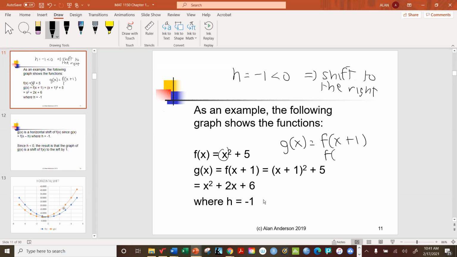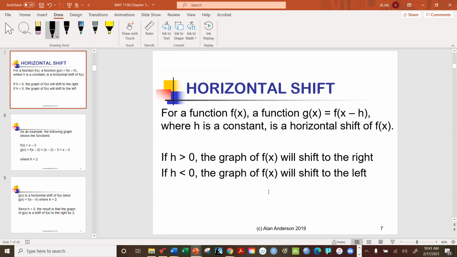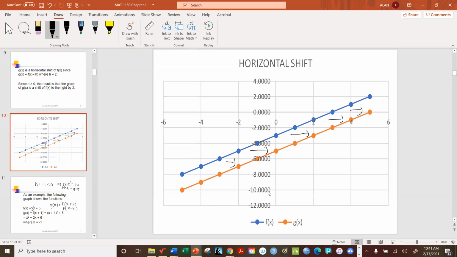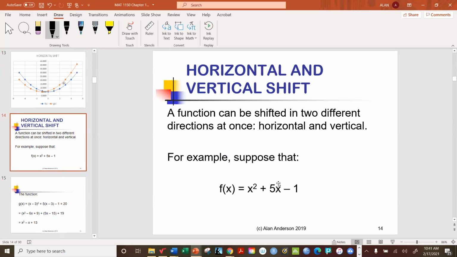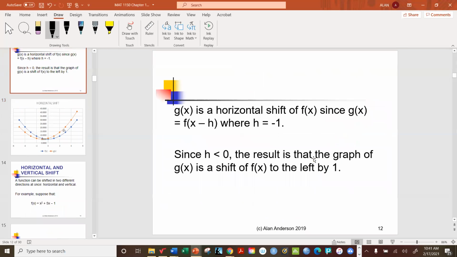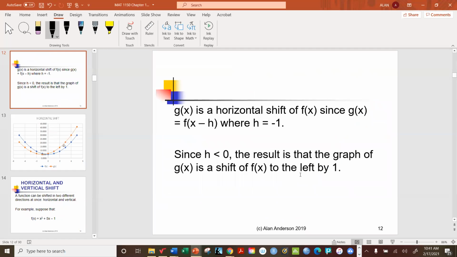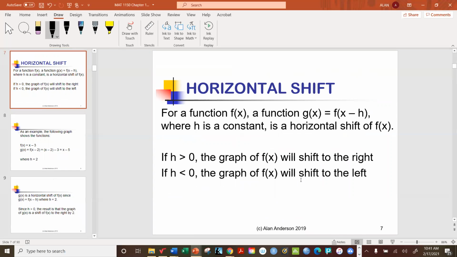If you write this as f of x minus h, that implies, no, h is negative 1. Wow, I'm not so sure about this one. They claim that if h is negative, then we're shifting to the right, but I don't see that here. Okay, something's not right.